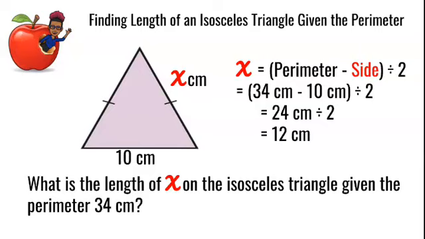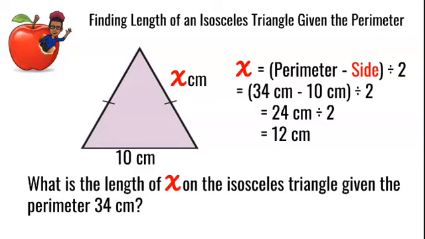Because remember, when we subtract that 10, it's going to give us the remaining length, and that length would be the length of the missing sides. Remember, we have two sides, so we're finding x, but it would be like 2 x's. That's why we're dividing by 2, because we were given 1, although we said x here means the two sides.